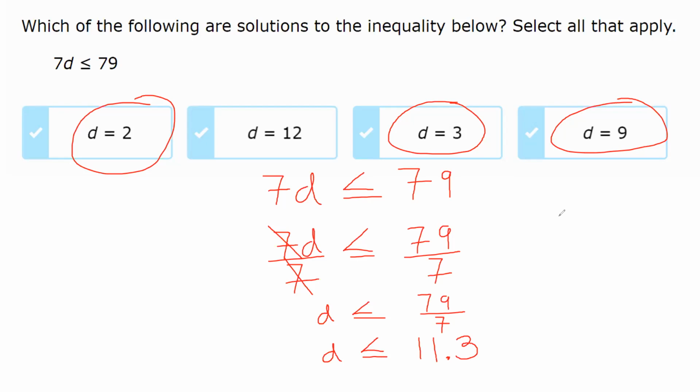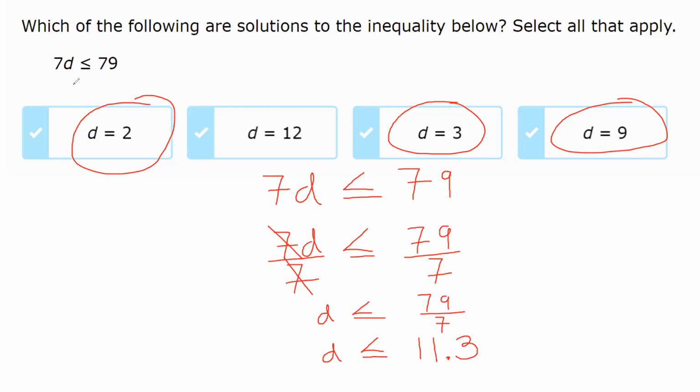So you have 7D over 7 is less than or equal to 79 over 7. The two 7s cancel out, which leaves you with D. So D is less than or equal to 79 over 7. Then you divide 79 by 7, and you get 11.3.